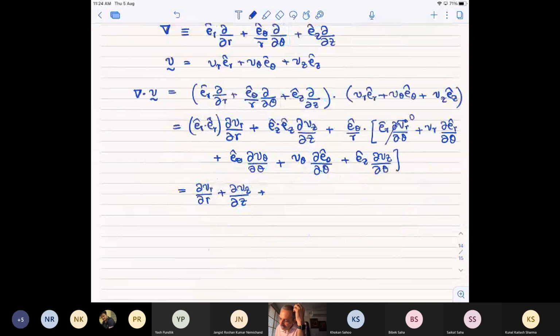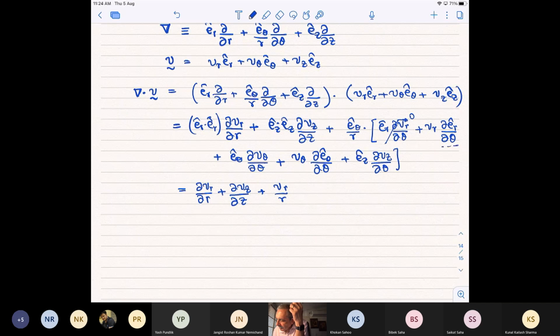And E theta dot E theta is 1. So this will give me Vr by R. Then we look at this term, E theta dot E theta is 1. So you will here just get 1 by R del V theta by del theta.